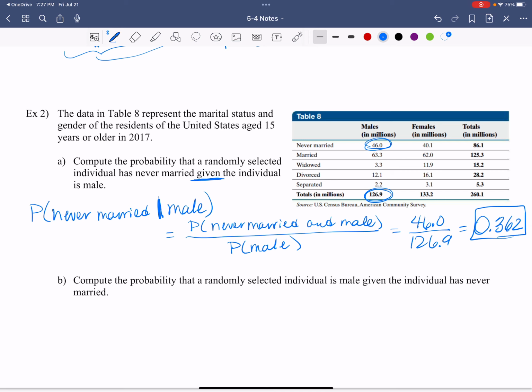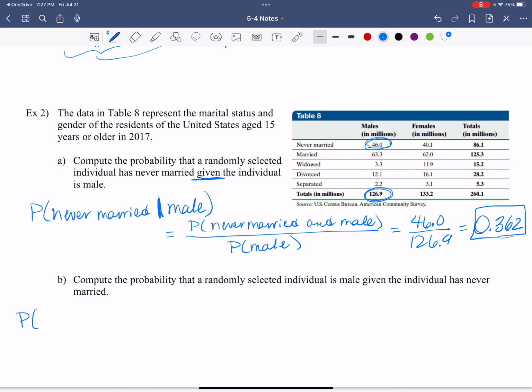Okay, what happens if it's stated this way? Compute the probability that a randomly selected individual is male, given the individual was never married. Ooh, check this out. The probability of male given never married. Do you see what just happened here? Does the order matter?